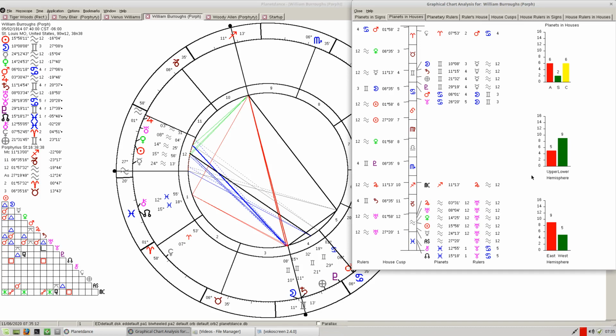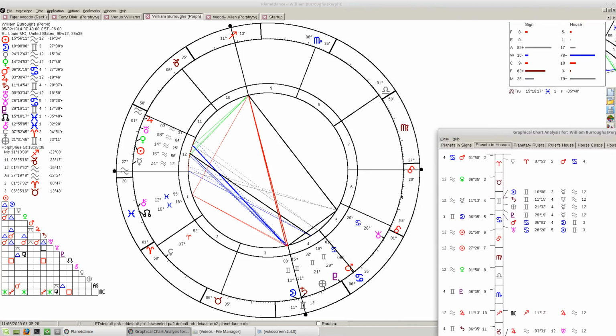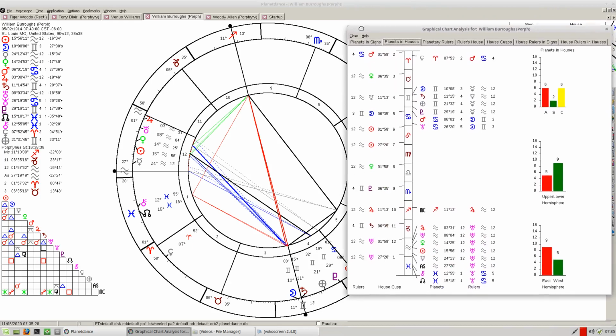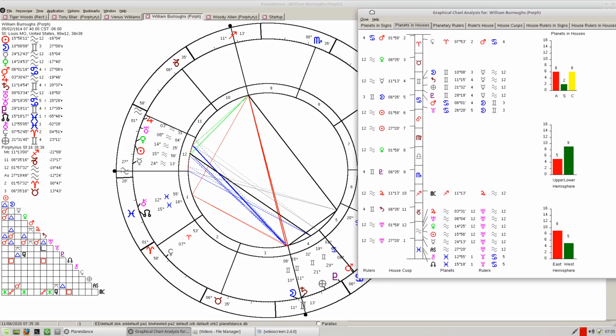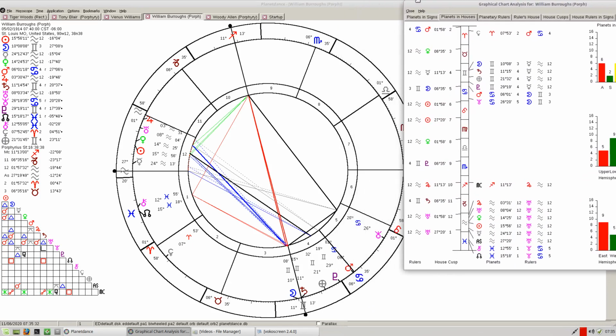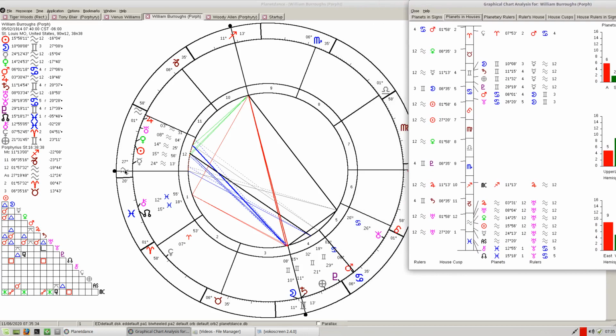You can also get a breakdown with positions by upper and lower hemisphere. So Burroughs has 5 planets in the upper hemisphere. That's from horizon to horizon through the midheaven, and he has 9 planets in the lower hemisphere, which is the half of the chart running from horizon to horizon through the IC.